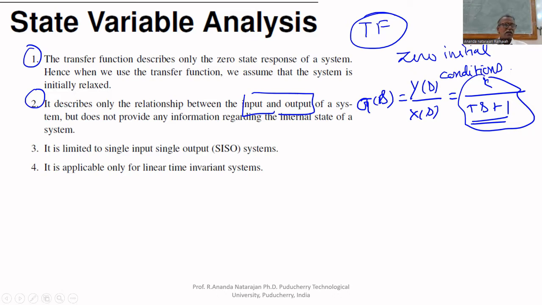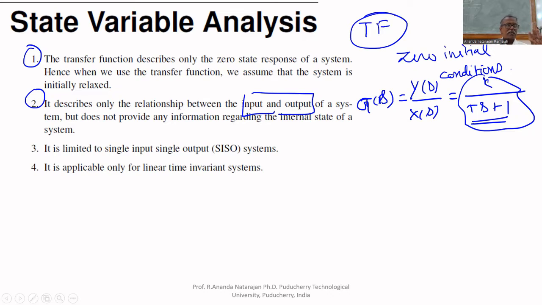Suppose in a car, many variables are there: the engine temperature, the car speed, and the fuel. How much fuel is flowing into the carburetor? How much fuel is injected into the engine? There are many variables.